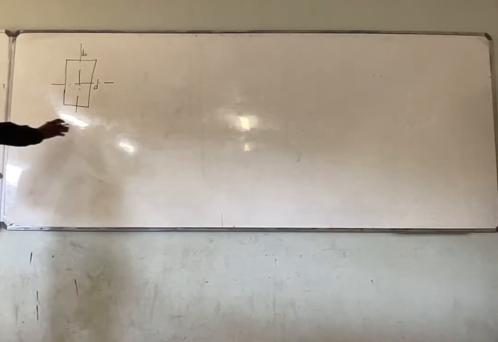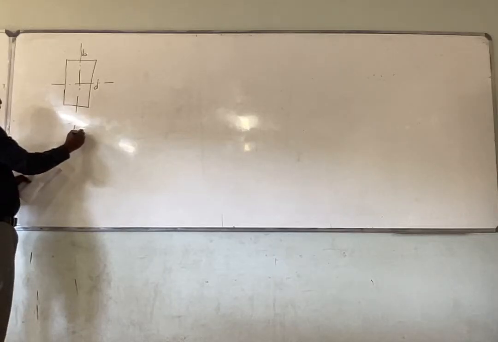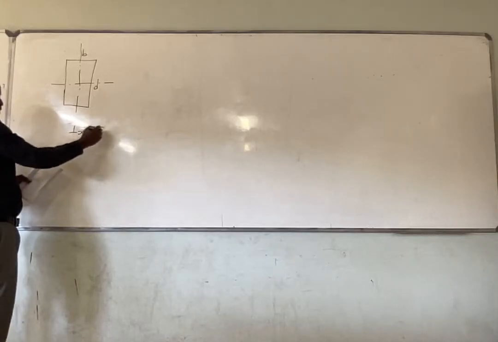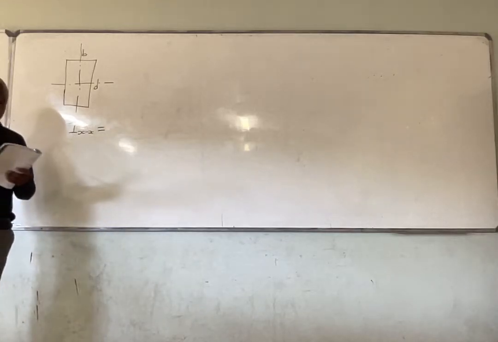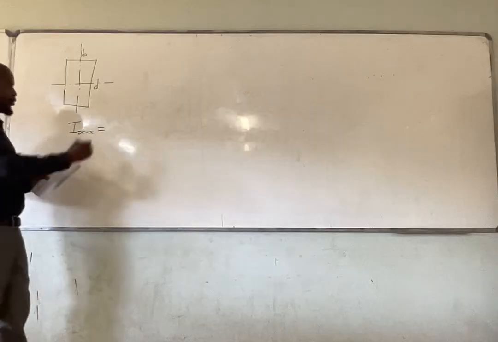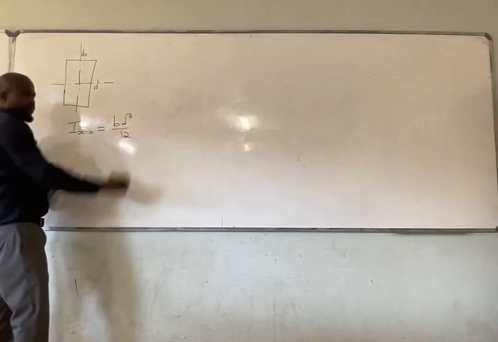So for you to find Ixx, you need to use the formula as per the book. In the book we have BD cubed over 12.